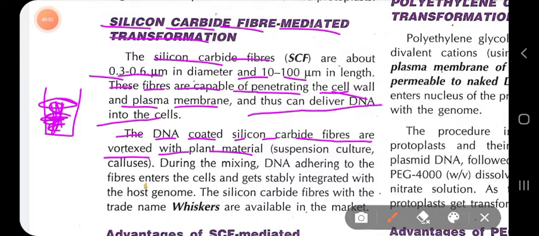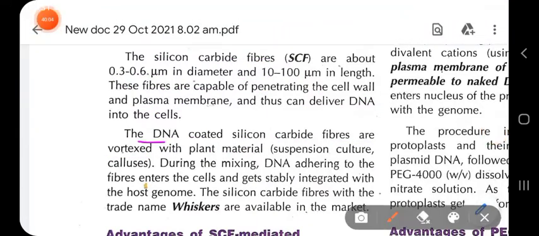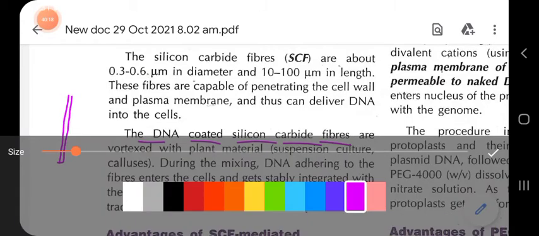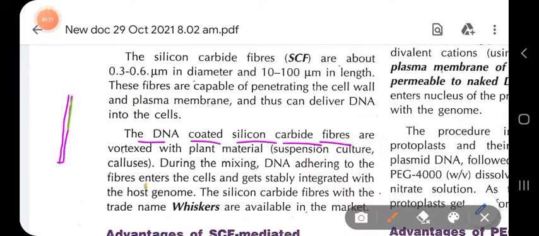Just like in the biolistic method, where we used microprojectiles coated with DNA, here we use a silicon carbide fiber, and on that fiber we have our DNA coated, and they are vortexed, meaning they are mixed with the plant material.